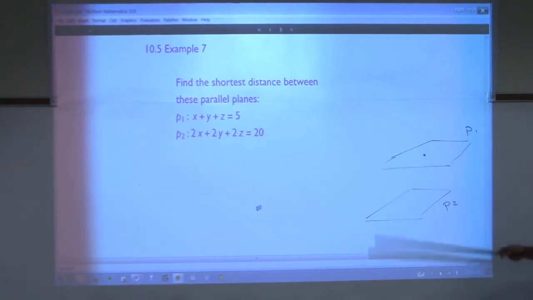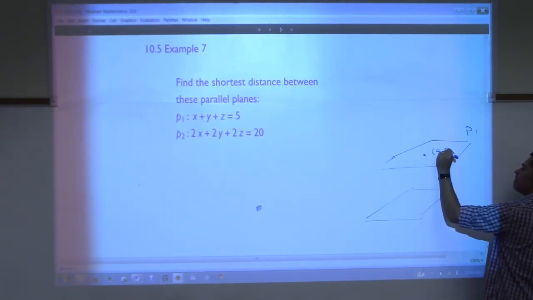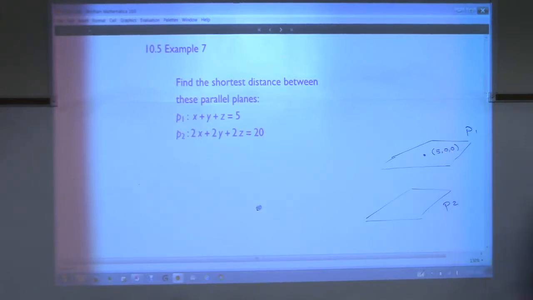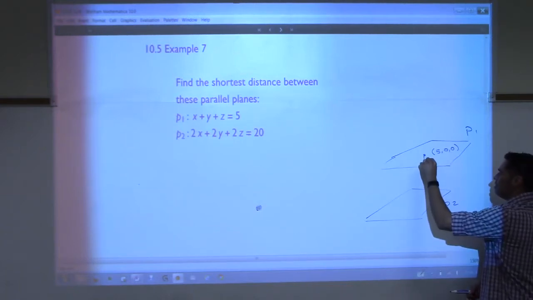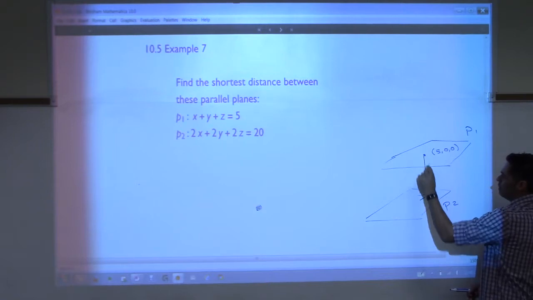So you want to pick a point on plane 1? What do you want it to be? Everyone good with that? Okay. Now, what we have is a point and a plane, and we're trying to find the shortest distance between these.